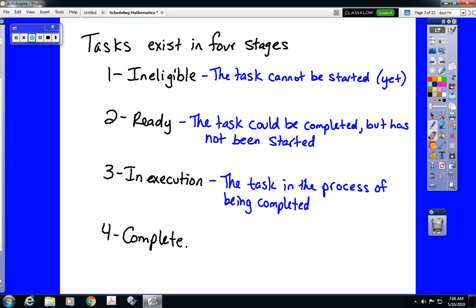Meaning that it is actively being done. One of the processors is actively carrying out that task right now. And then finally, the task is complete. In other words, we have finished the task and it is no longer something we need to worry about. So again, at any time, one of those tasks will exist in one of those 4 stages.